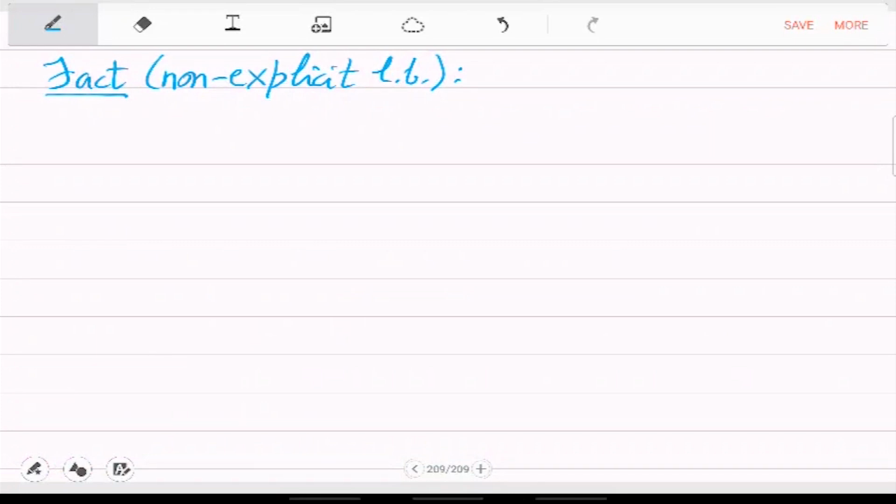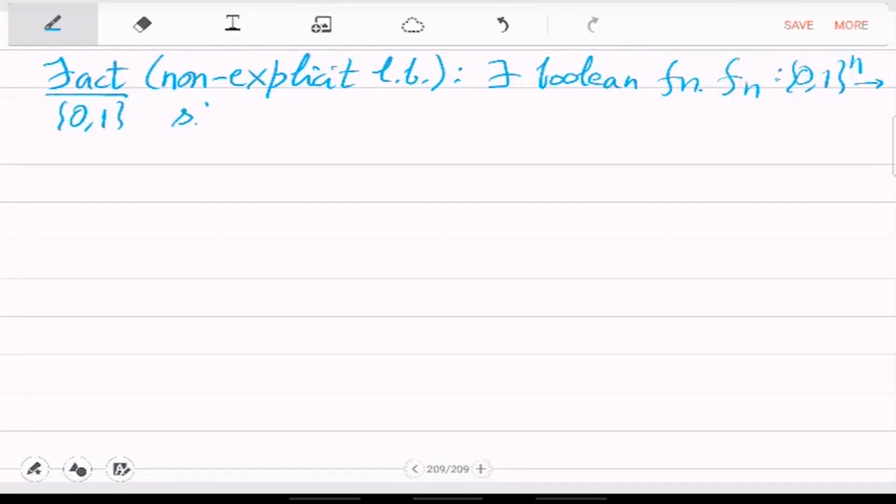So, you can show that there exists a Boolean function Fn on n bit input such that the size of Fn is 2 raised to n by n.